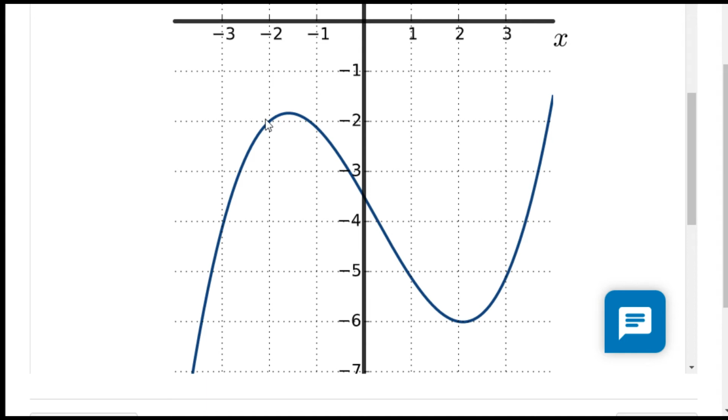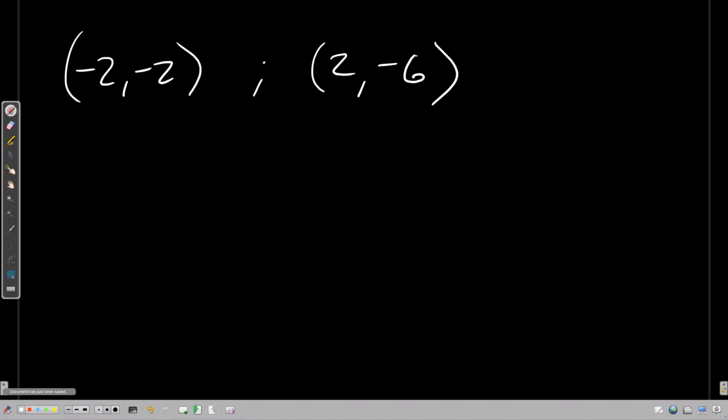Okay, well, it goes through the point -2, -2, and it goes through the point 2, -6. Alright, so you want to know the slope of the line that goes through these 2 points.